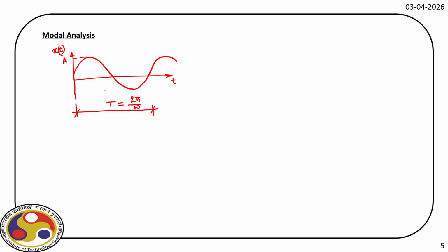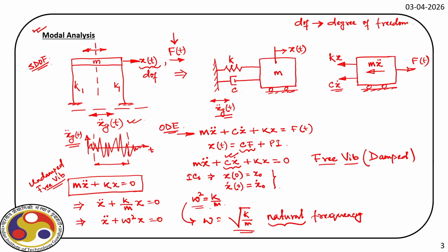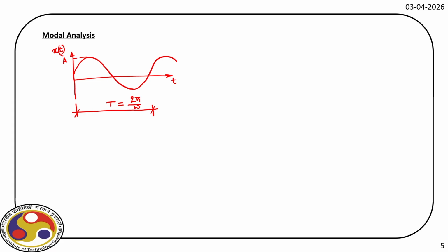So for the building, if it is a single story and single bay that we can idealize using this SDOF system, then we'll have only one natural frequency, and only one time period. Just keep that in mind, because when we define response spectrum, we'll come back to this concept of time period.